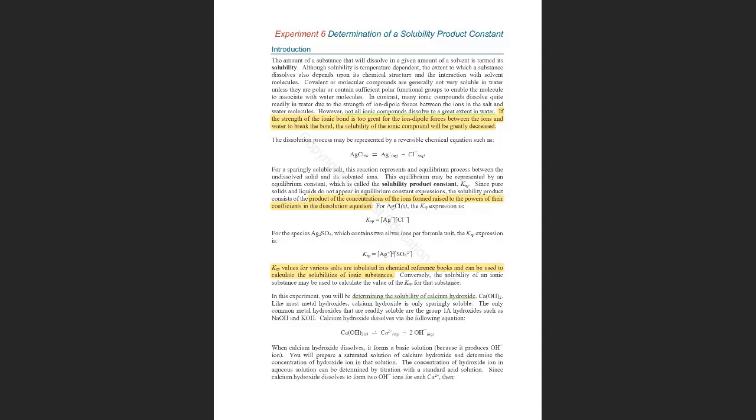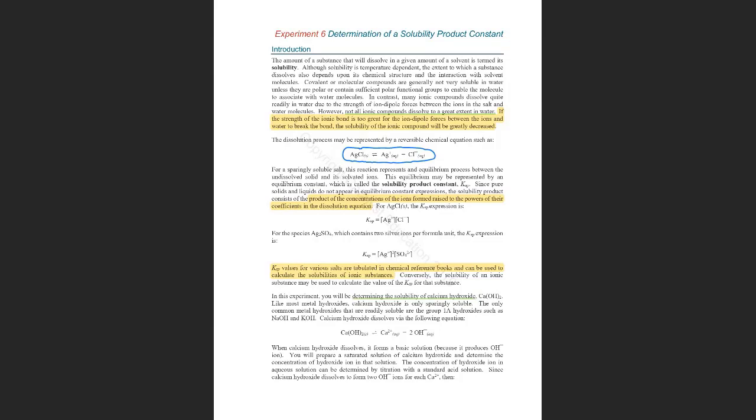So in the introduction, basically, it's talking about the equilibrium expression for a chemical equation. Here it is showing the equilibrium of a salt when you dissolve it in water.